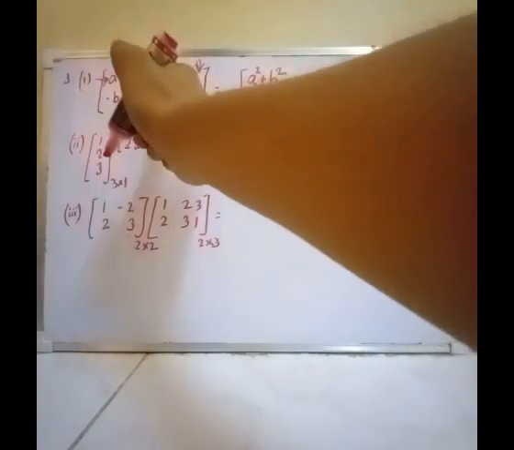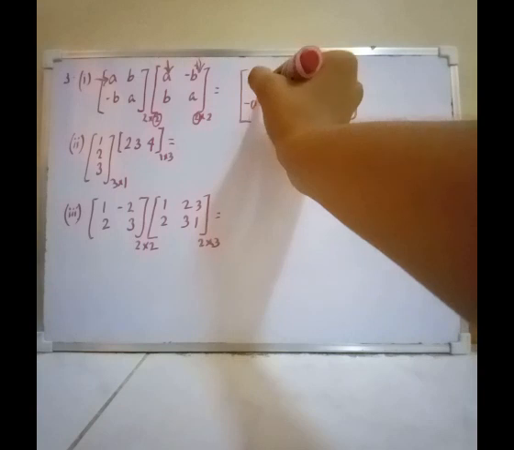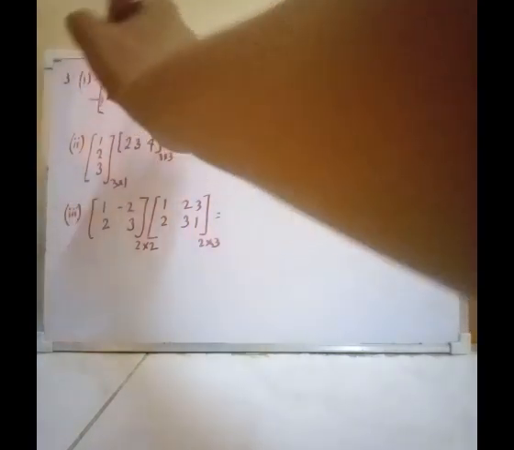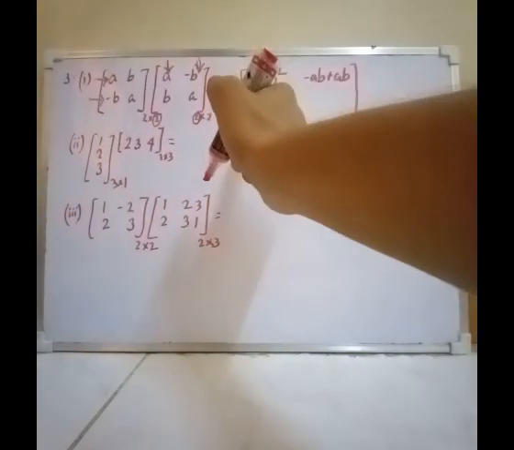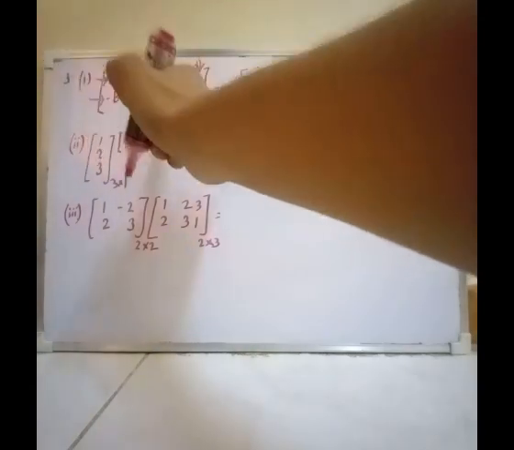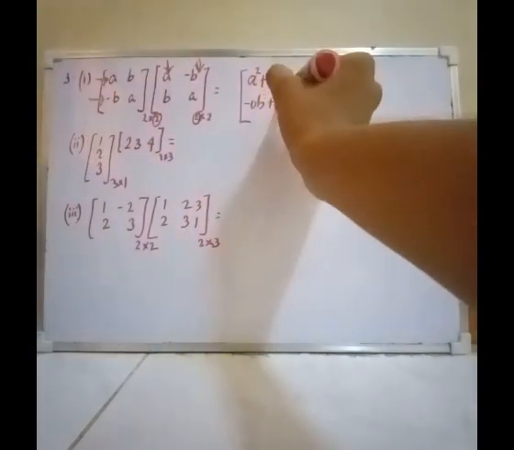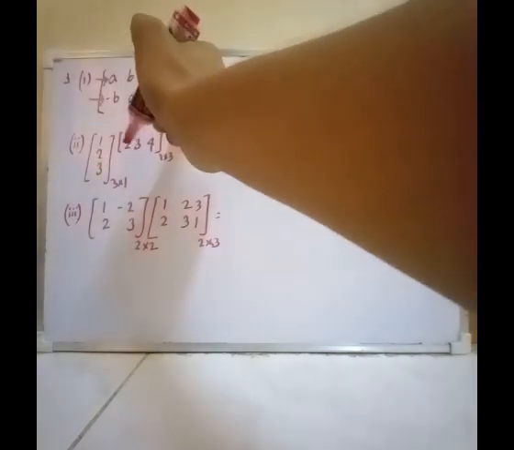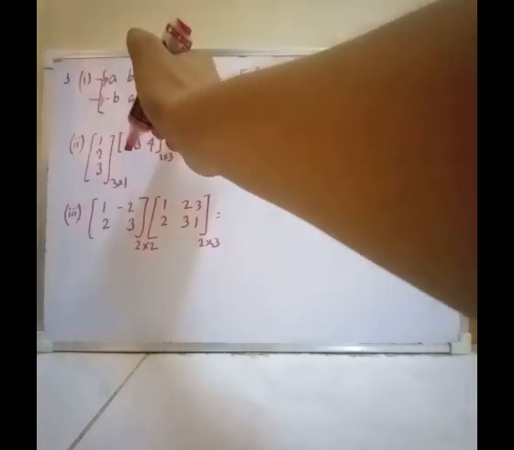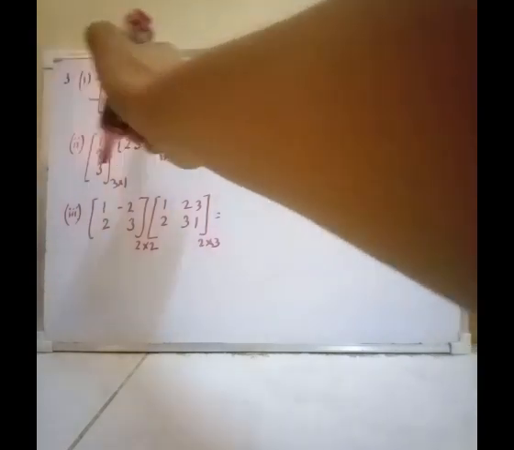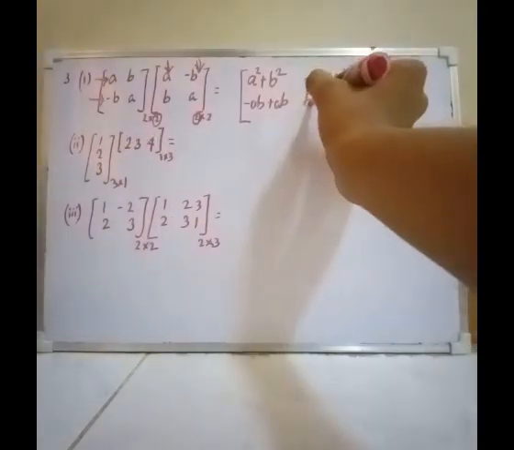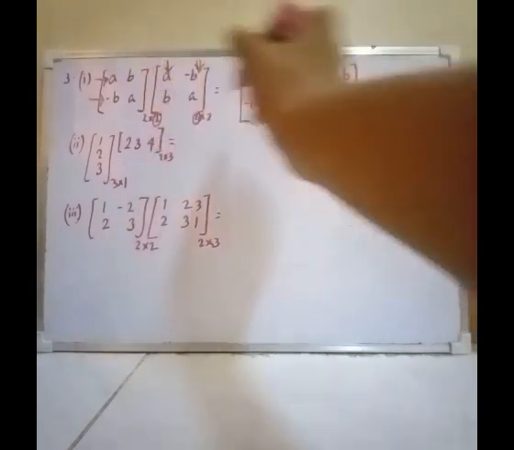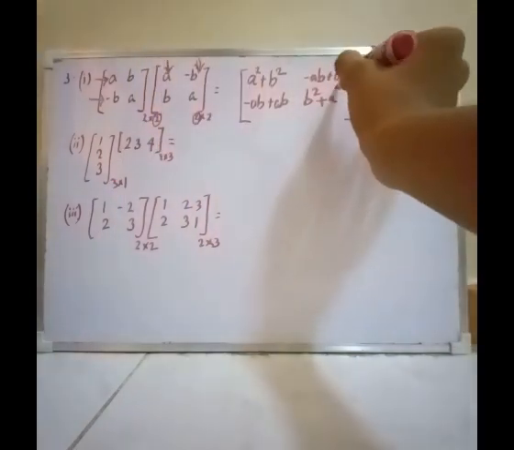Now minus B times A would be minus AB. Now second row with first column, minus B times A is minus AB and A times B would be plus AB. Then second row with second column, minus B times minus B, minus minus would be plus, and B times B would be B squared, and A times A would be A squared, so plus A squared.